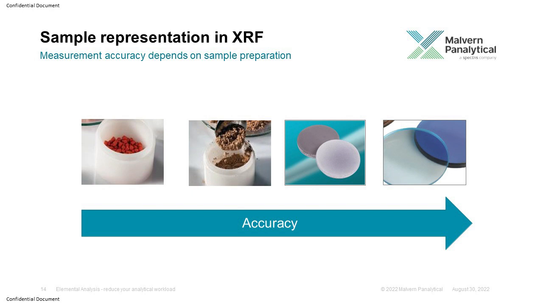If you make it a press pellet, you get even better accuracy. If you make it a fuse bead, because then matrix effects are avoided, you get the best accuracy. And for the liquid sample, because it is very homogeneous already, you can directly put into the sample cup, no need of any of these preparation, and you get quite good accuracy for the liquid samples.